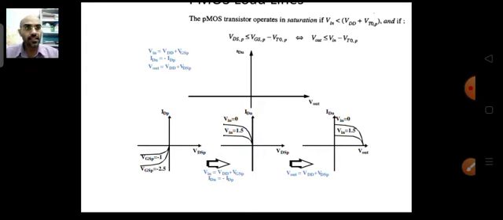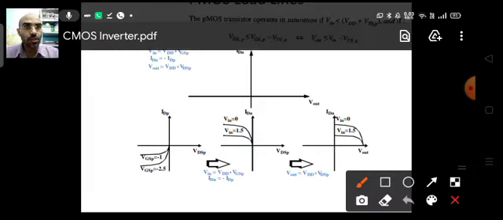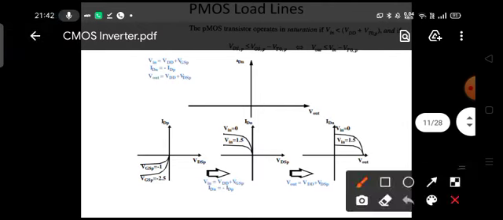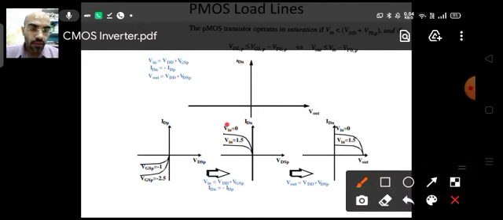The upper one you can see here is for Vin equal to 0, whereas the lower one is for VGSP equal to minus 1.